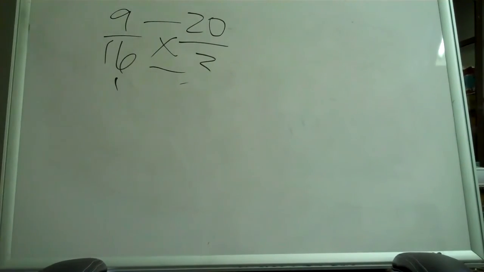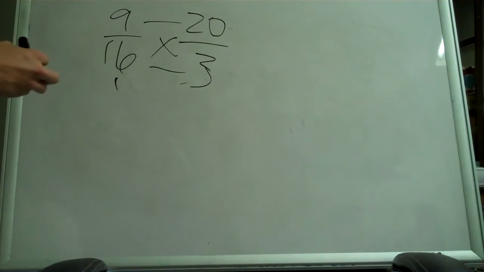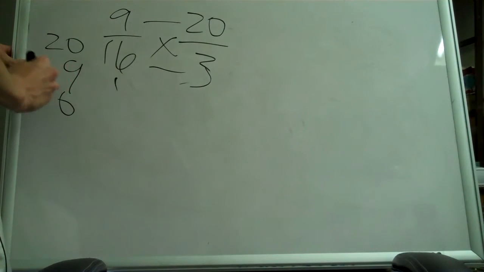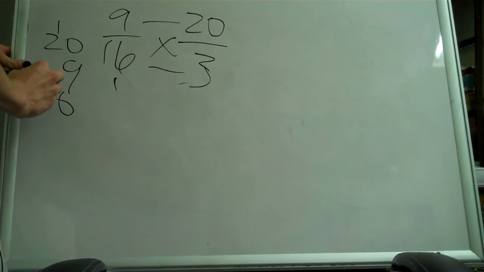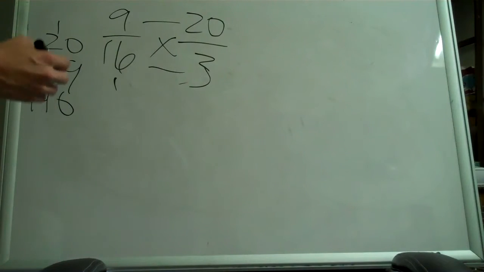Did I write the equation wrong? 9/16 times 6 2/3. 18 plus 2, 20 over 3. 20 times 9, oh, that's 190, isn't it?